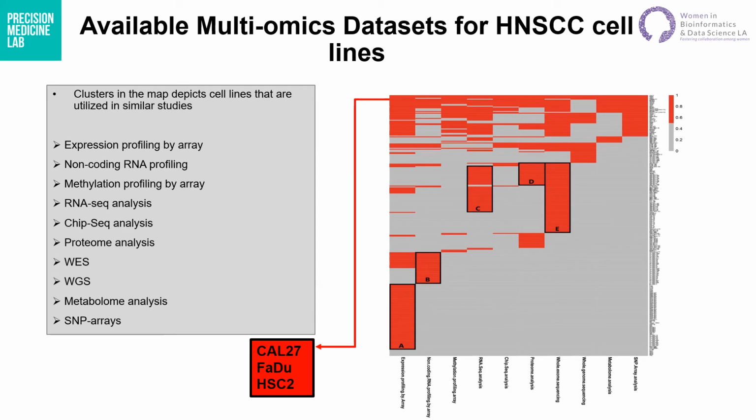And over here the blocks represent cell lines that were being used in similar studies or in large scale screens. And the most exciting part was that for all the 10 omes, data was available in 3 cell lines that were Cal27, FaDu, and HSC2.